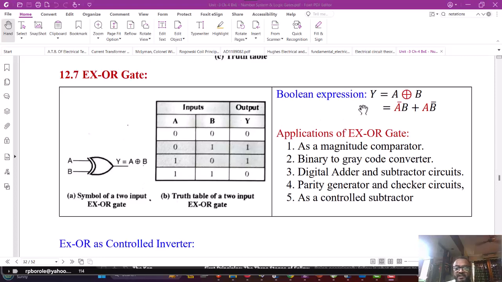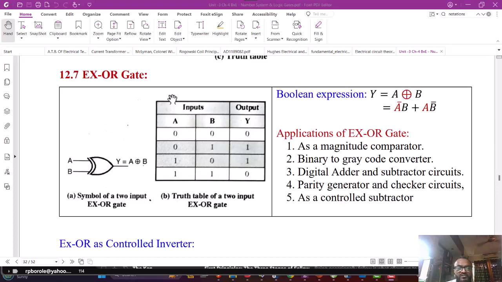And the Boolean expression for the output is A exclusive OR B. And it is analogous to Y equal to A bar B or A B bar. This is the operation that takes place.